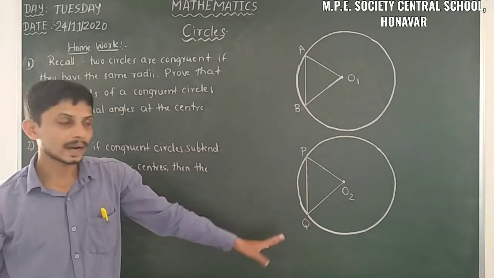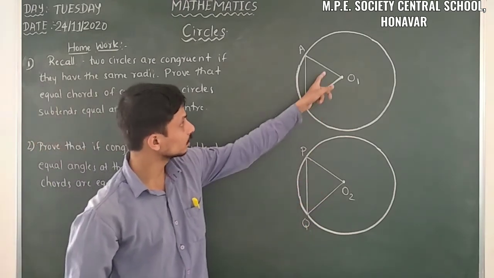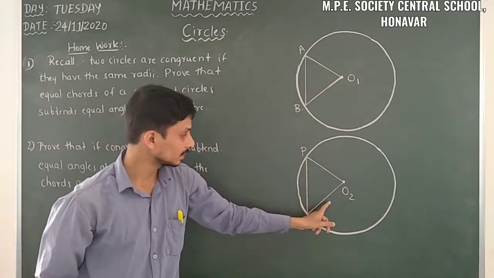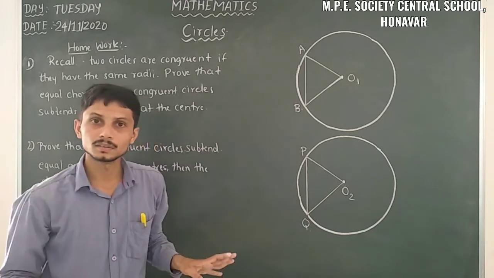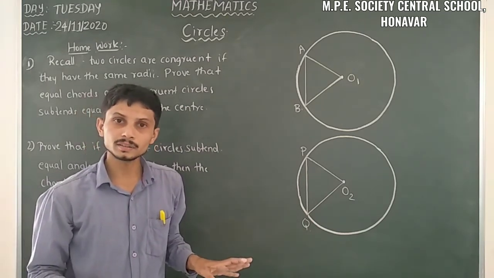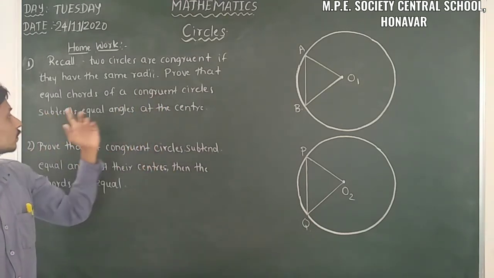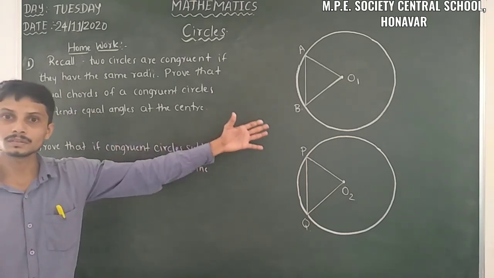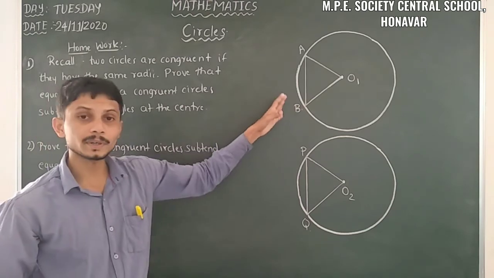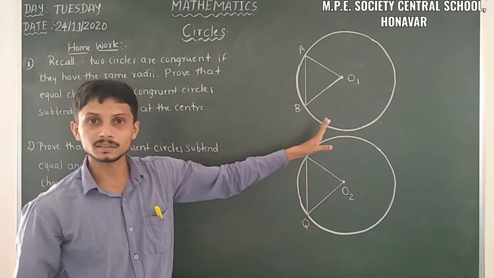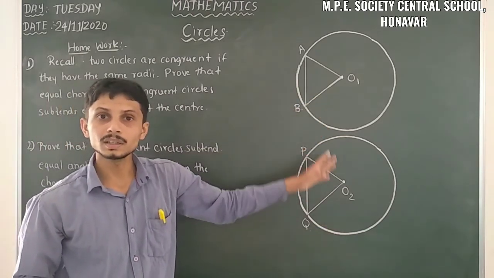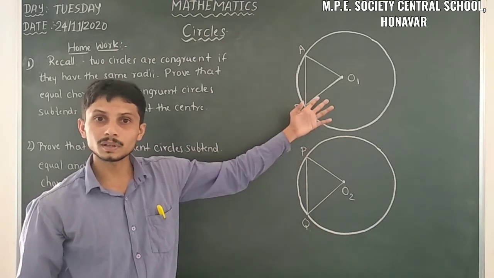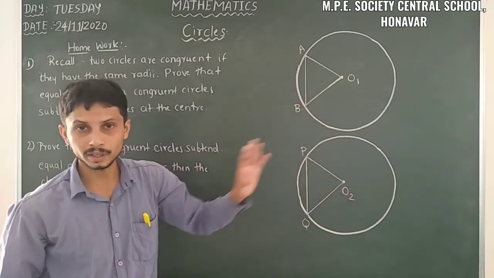This radius is equal to this radius, and this radius is equal to this radius, so those two triangles are congruent. Then the angles subtended by the chords at the center are equal, because they are corresponding parts of congruent triangles.